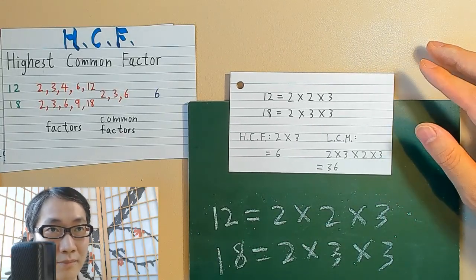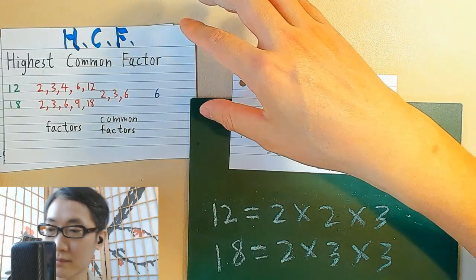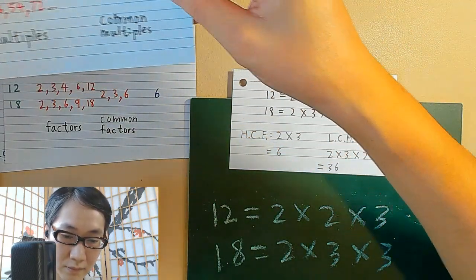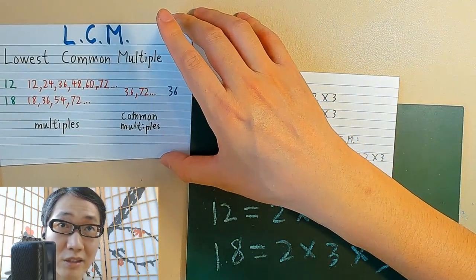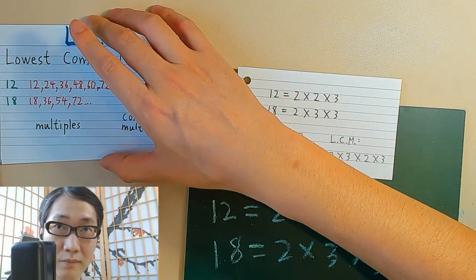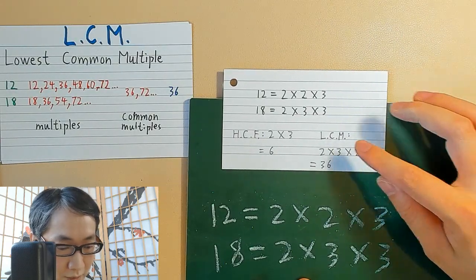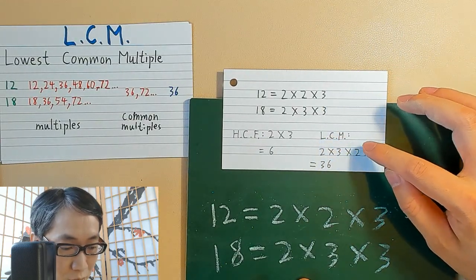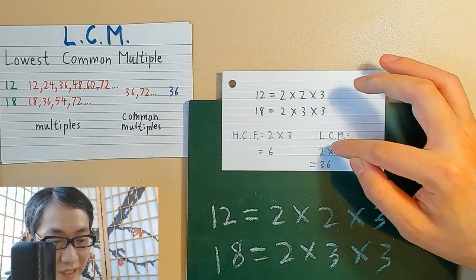Using these, we can also find out the LCM. If we recall previously, these two have the LCM of 36. Here we have to do 2 times 3 times 2 times 3. This 2 times 3 is the HCF.